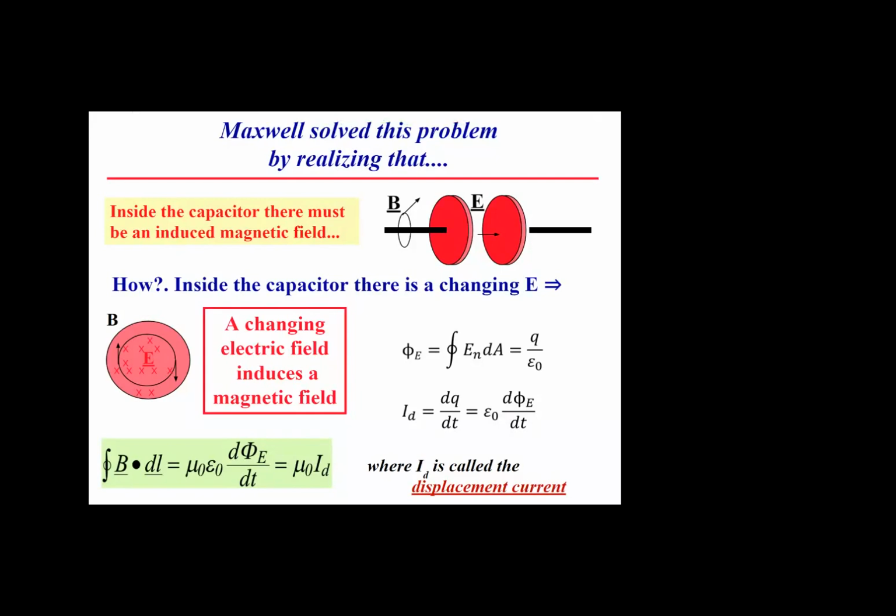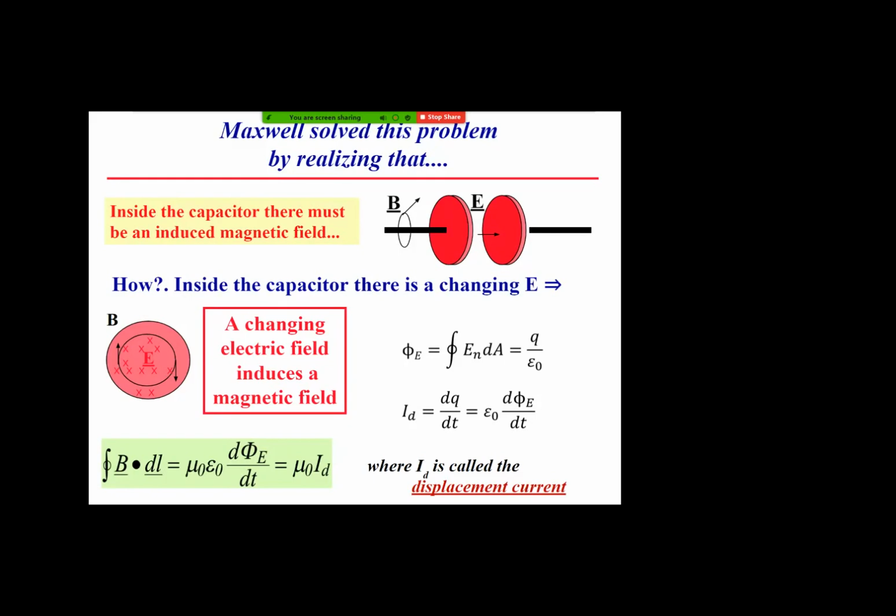Okay, if you have changing charges on the two plates, that leads to a current going into here. So then it will actually have a changing electric field over here, which would induce a magnetic field, because the changing electric field will give you a changing current over there.